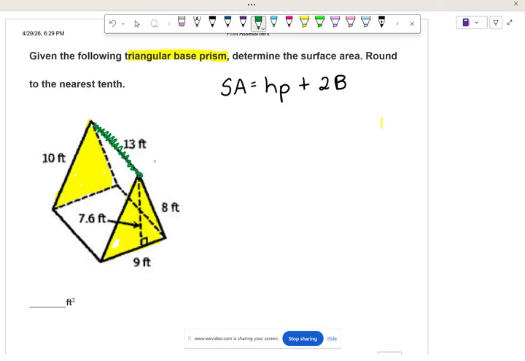The segment that connects them together is 13, so that is the height of the prism. The other variables we need to solve for are P, the perimeter of the base, and big B, the area of the base. So we need to draw these triangles and calculate the perimeter and the area.